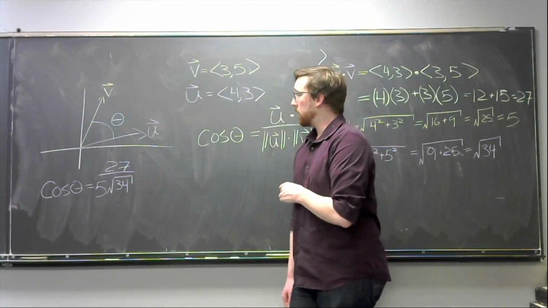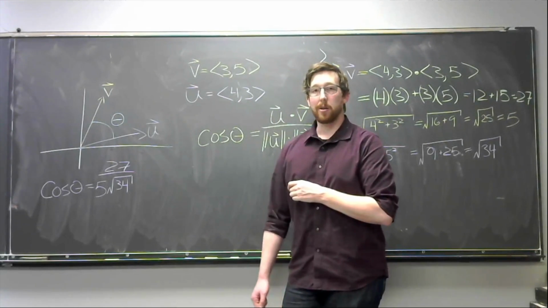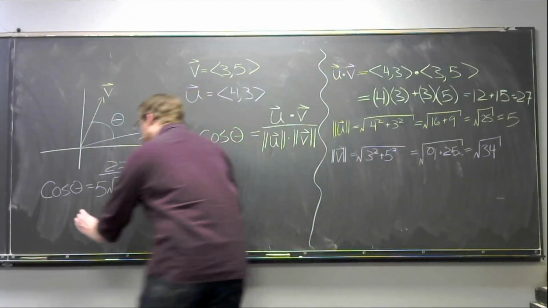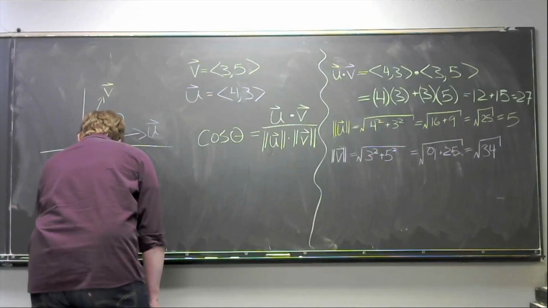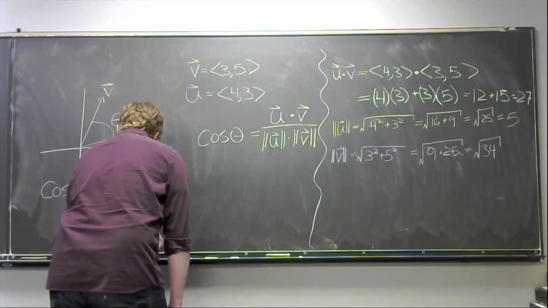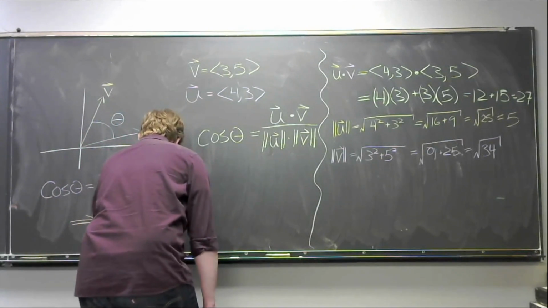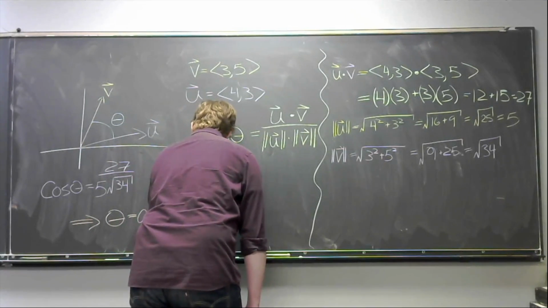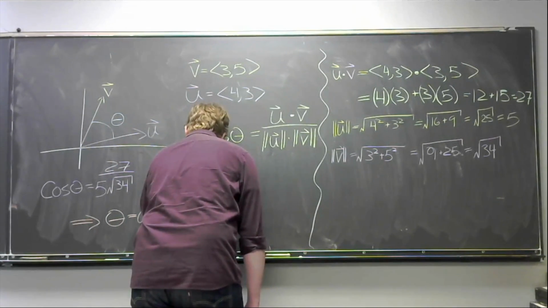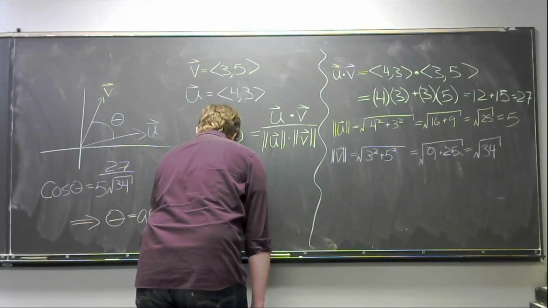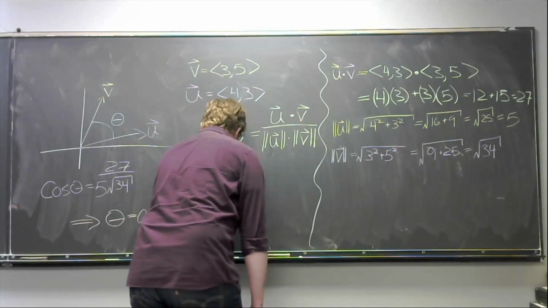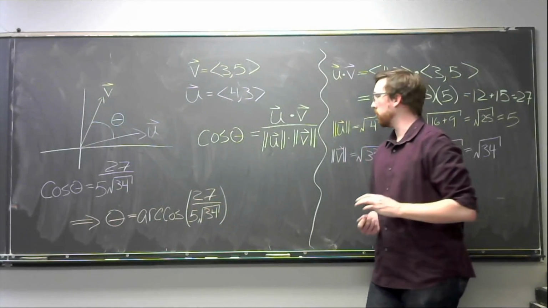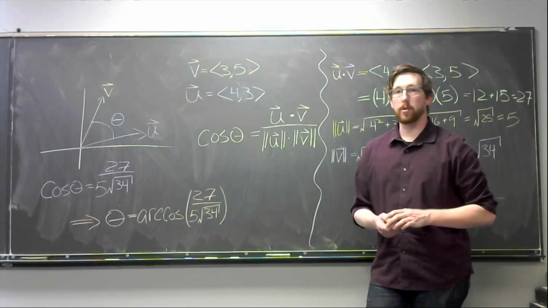So the angle is just going to be the arc cosine of 27 divided by 5 times the square root of 34. Dope. That was a lot quicker than going the other route.